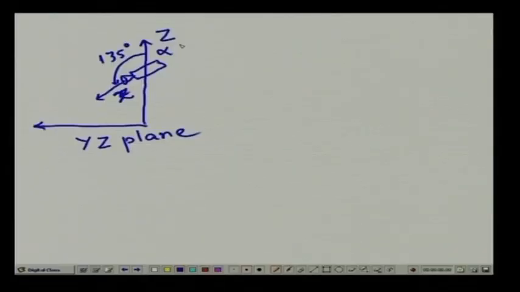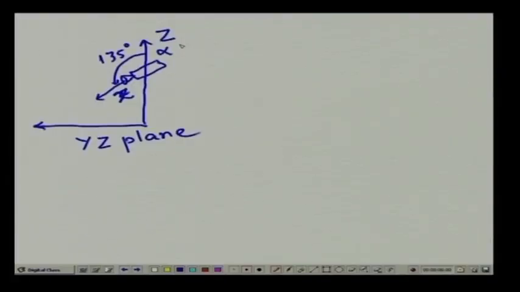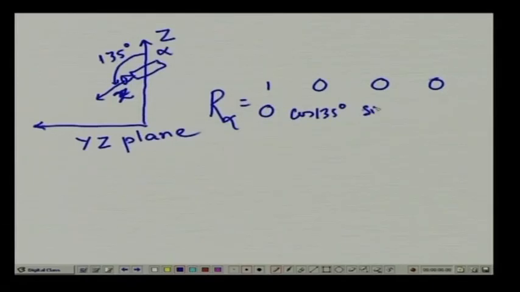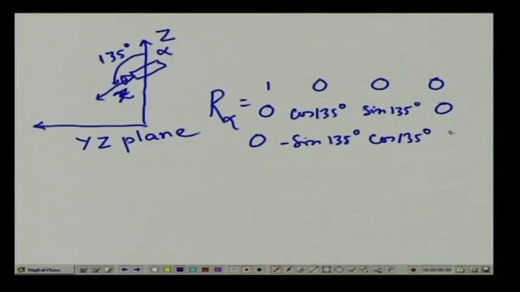So, the corresponding transformation in the 3D world point will be rotating the 3D world points by 135 degree in the clockwise direction around the x axis, and the corresponding transformation matrix in this case will be R alpha is equal to 1 0 0 0, 0 cosine 135 degree, sine 135 degree, 0, 0 minus sine 135 degree, cosine 135 degree, 0, 0 0 0 1.